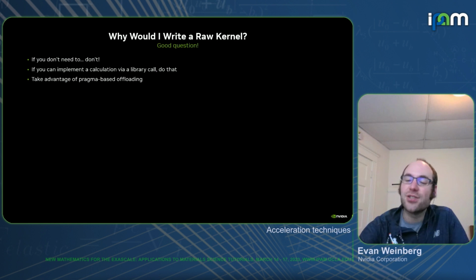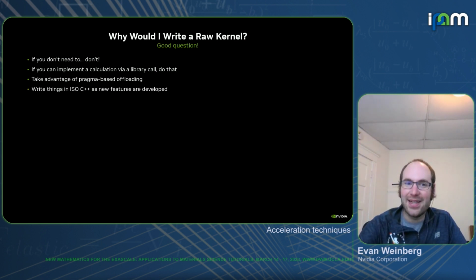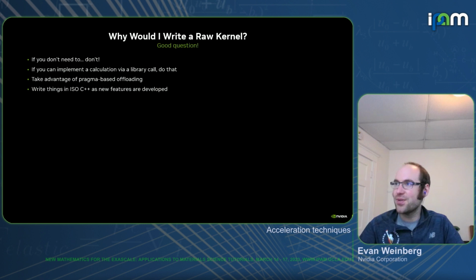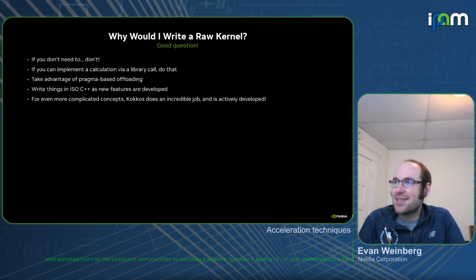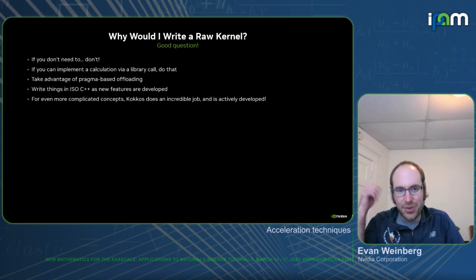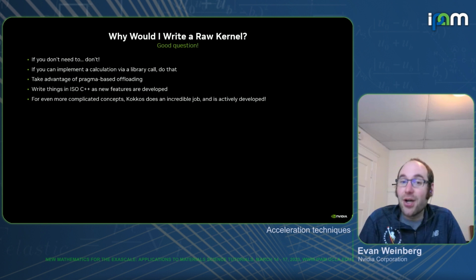Take advantage of simple things, like fragment-based offloading. As these ISO C++ and also Fortran and Python features are developed, take advantage of those. Keep things simple and standard. For even more complicated concepts, take the NVIDIA hat off, put the scientific computing hat on. Kokkos does an incredible job and is actively developed.